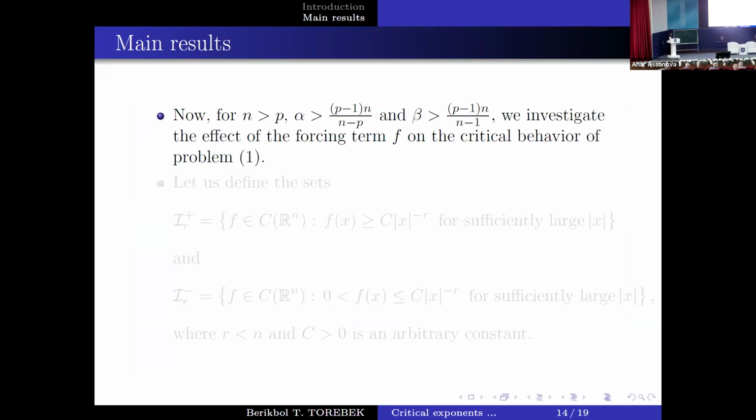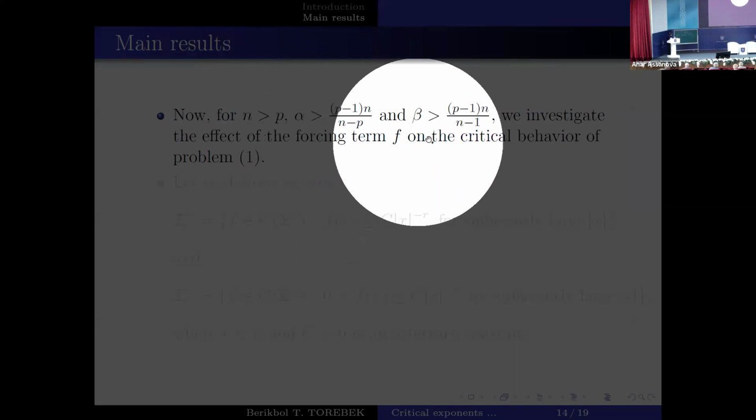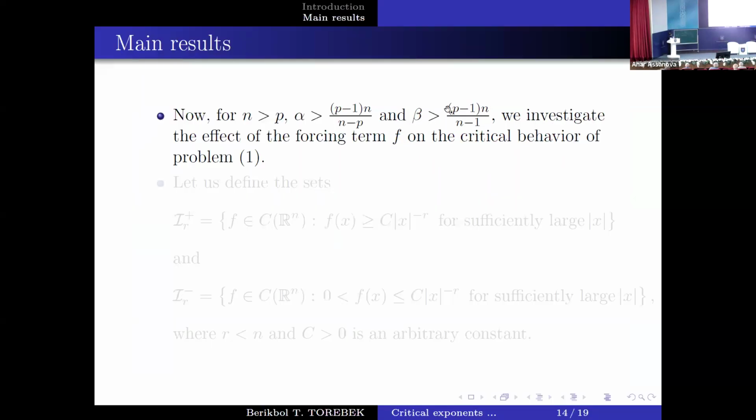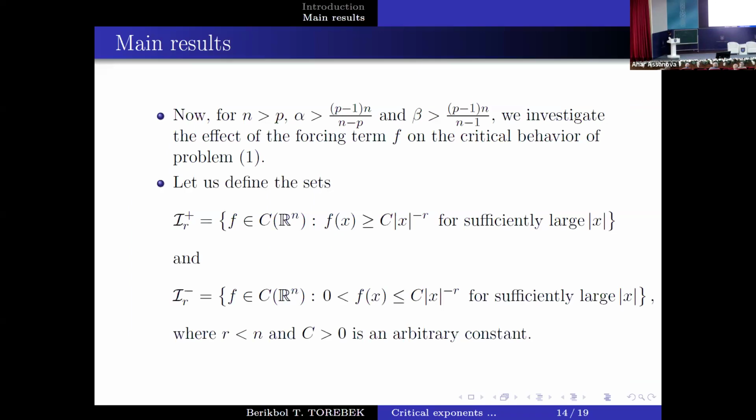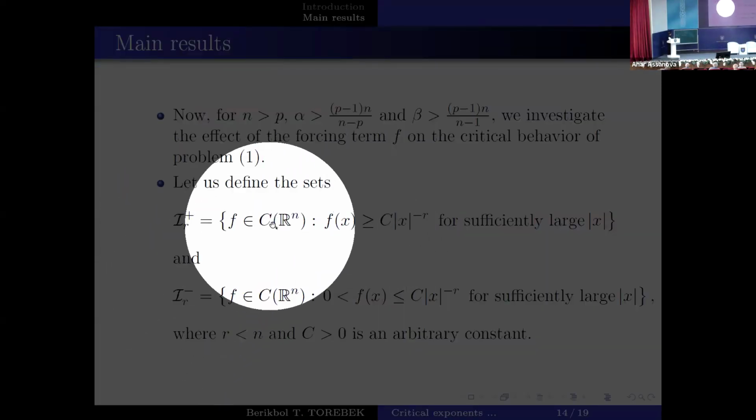And now let us consider the Lee type second critical exponent. Here we suppose that n is greater than p, alpha is greater than this number, and beta is also greater than this number. Now we consider the case when we have global existence for sufficiently small initial data. Let us define these sets, I_r plus and I_r minus.